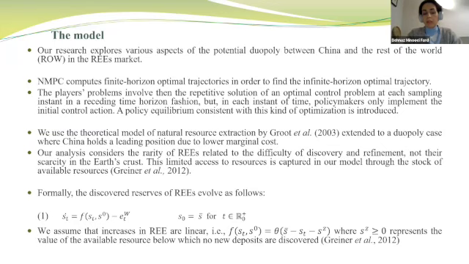The discovered RE reserve evolves according to equation 1, as you can see here, and it increases with a linear function of limited available resources and discovered resources, and decreases with the extraction of both countries.